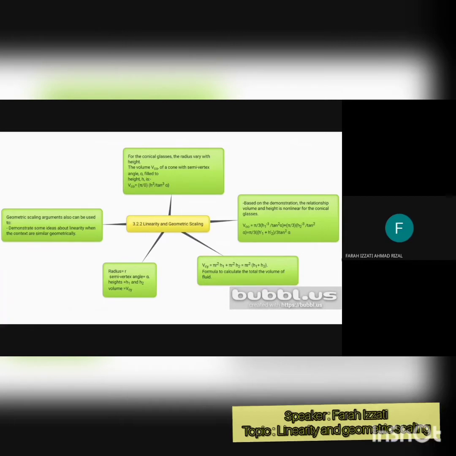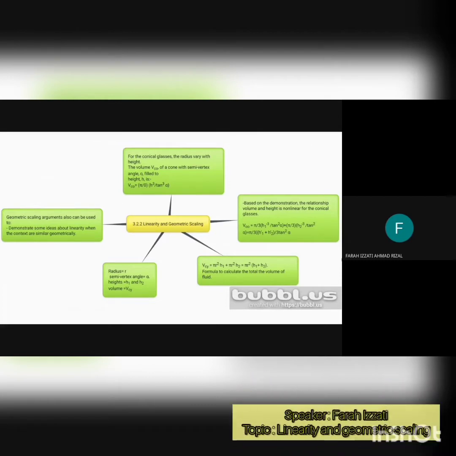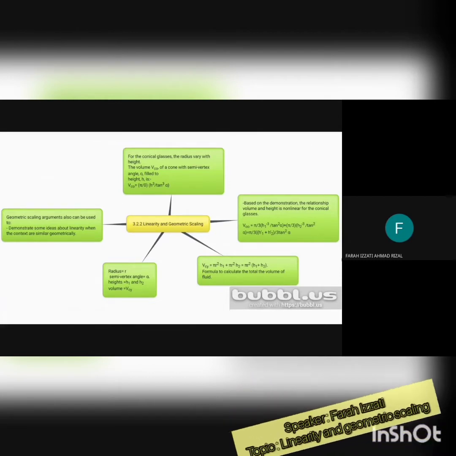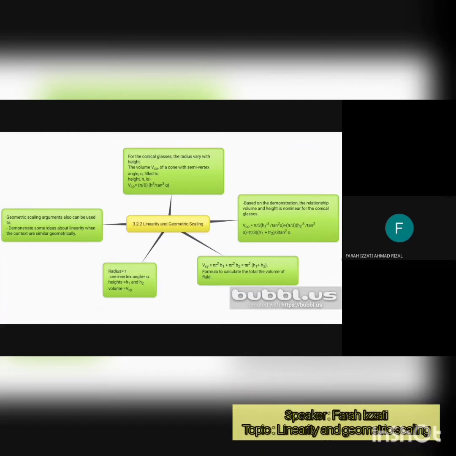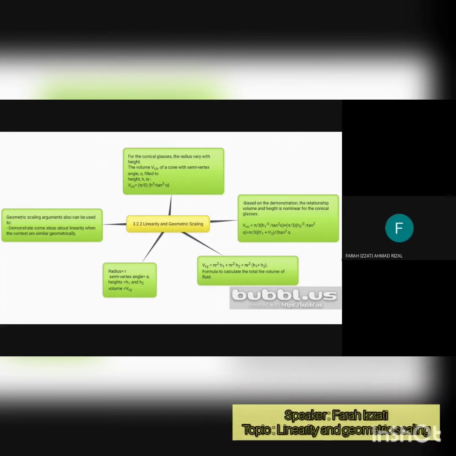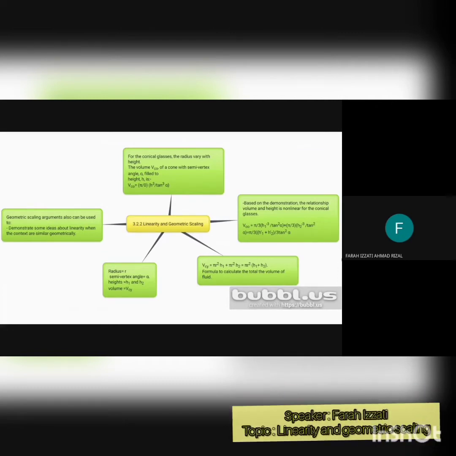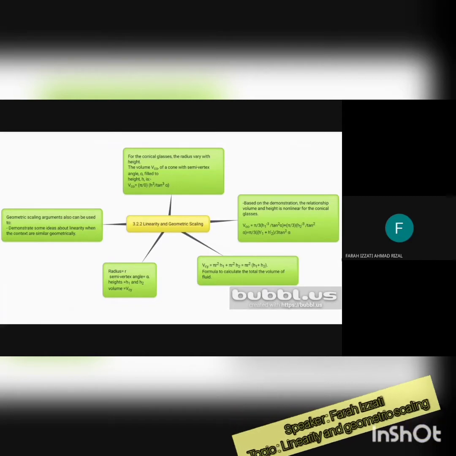For the conical glasses, the radius varies with height, and the volume of a cone with semi-vertex angle is filled to height. As we know, we use r for radius, alpha for the semi-vertex angle, h1 and h2 for height, and V for volume.